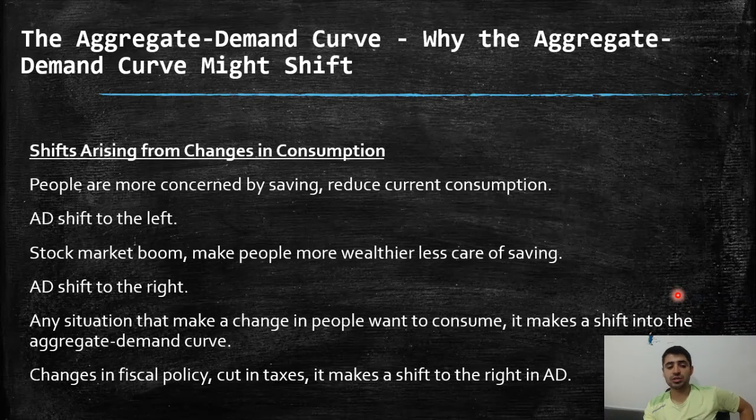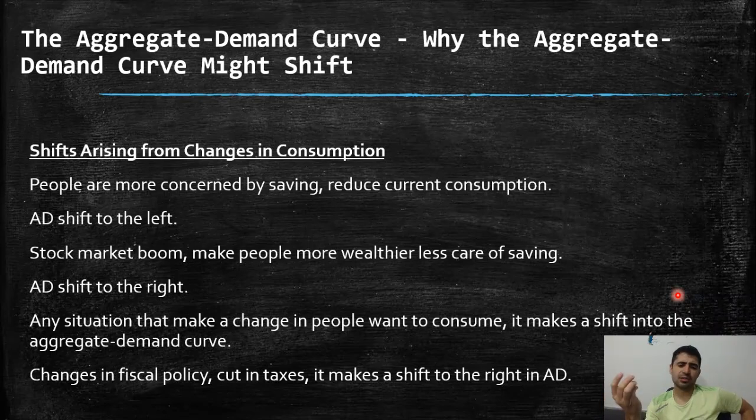Other situations, like a stock market boom, make people wealthier and less concerned about saving, so they start to consume more, and the aggregate demand shifts to the right. At the end of the day, any situation that changes people's desire to consume makes a shift in the aggregate demand curve.